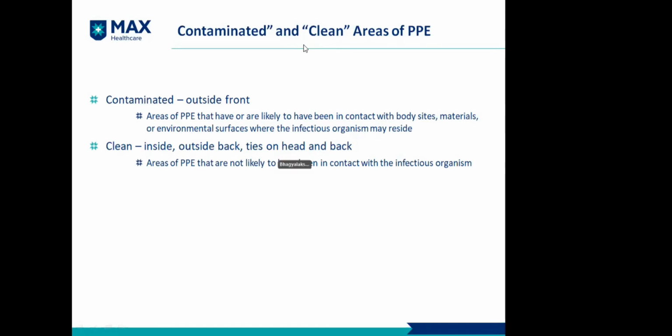In the same way, the front of the gown is contaminated, and if we open it, the inside will be the clean area. It simply means areas that are not likely to have been in contact with the infectious organism. So I hope it is clear that contaminated and clean areas of PPE need to be defined, and that needs to be taken into account whenever we are doffing.